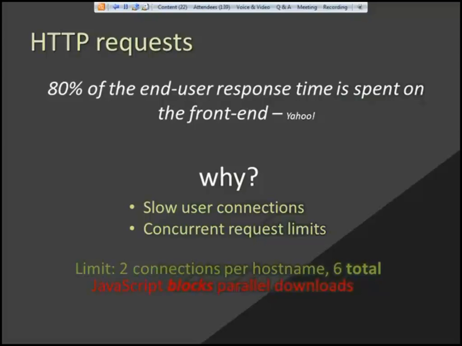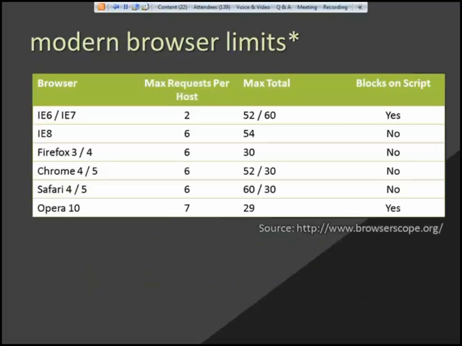Modern browsers are starting to get smarter about how we work around these limits. In fact, if we were to look at modern browser limits, and you can get a full in-depth report by going to browserscope.org. It's a great place to inspect what browsers can do today, especially in the arena of optimization. We find that most modern browsers actually allow 6 requests per host name.